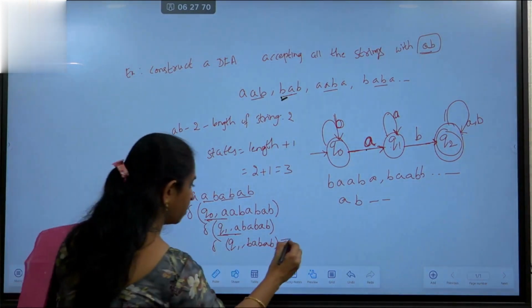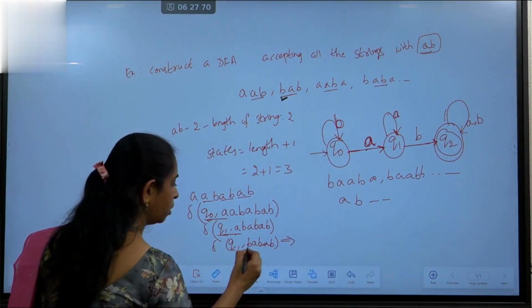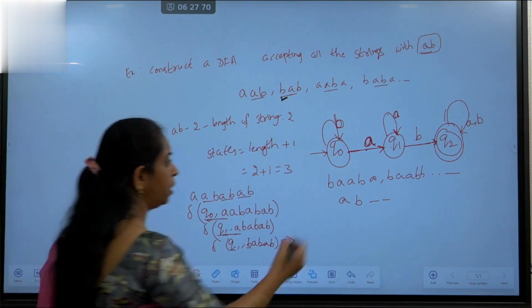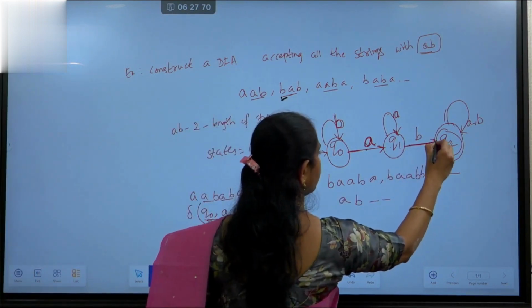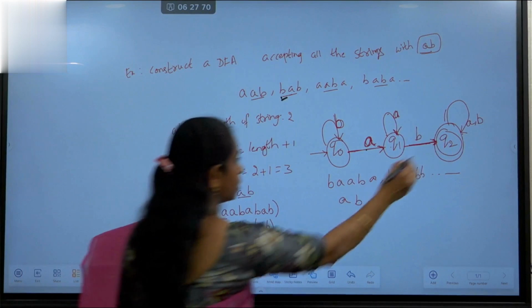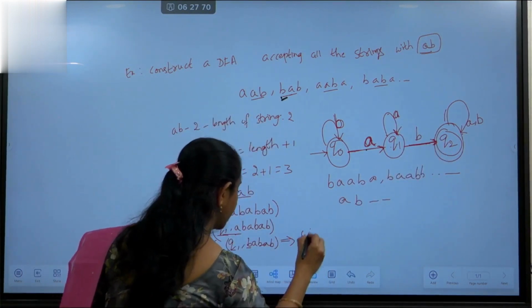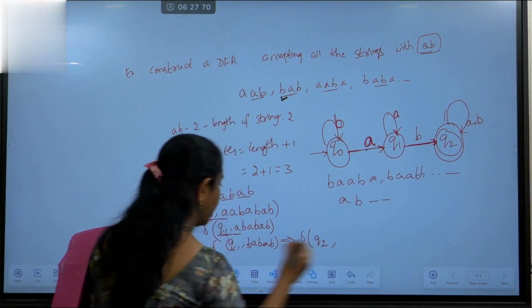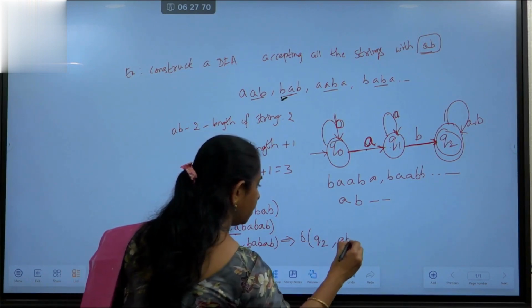Next, Q1 on input alphabet A goes to Q1 itself, so delta of Q1 comma A is Q1, and the remaining string is as it is. Next, Q1 on input alphabet B, the next state is Q2, so we write Q2 and the remaining string ABAB.